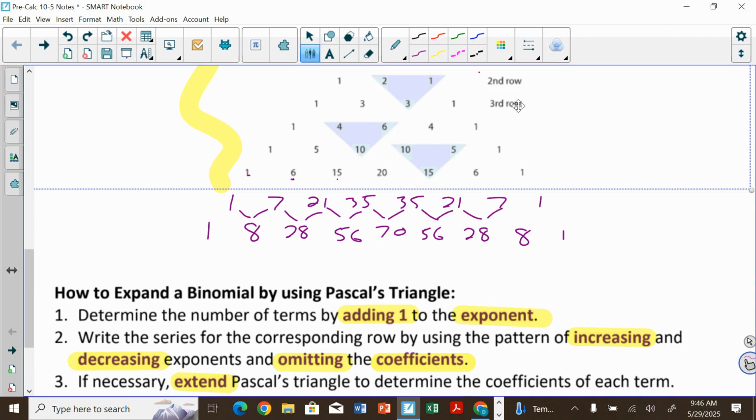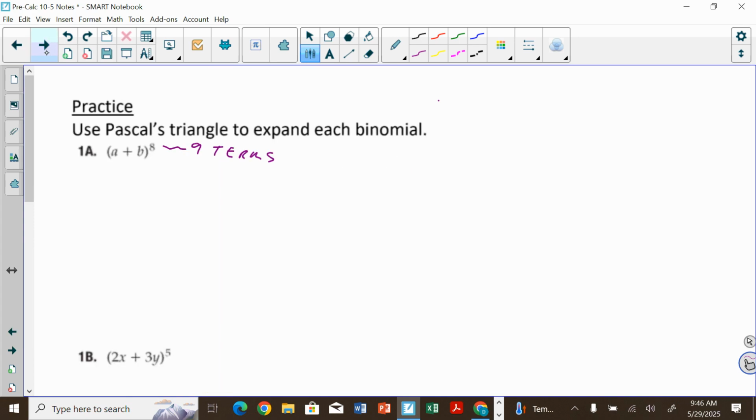So now that I know that is what we're looking at, we can add those in later. Right now, I'm just focused on getting the ascending and descending exponents. The first thing I'm going to do is say my first term should be a to the 8th power. And then b is going to be to the 0, but I'm not even going to write that down, because I know that's going to be 1.